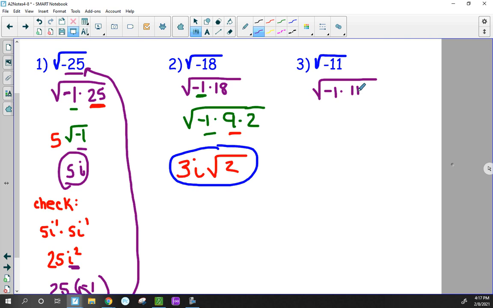And the answer is no. So then I look at my list and I try to find a perfect square that goes into 11. 4 does not divide into 11 nicely. 9 does not either. So that means 11 cannot be simplified. It would be like a messy decimal. So the only thing I really can do to finish this problem is at least take out the square root of negative 1, turn it into an i, which again, that's what it stands for, and then leave the 11 underneath the radical, leave it alone. And so the answer would be i times the square root of 11.